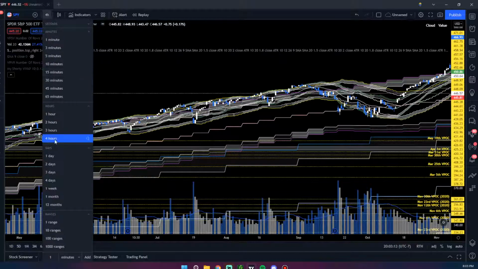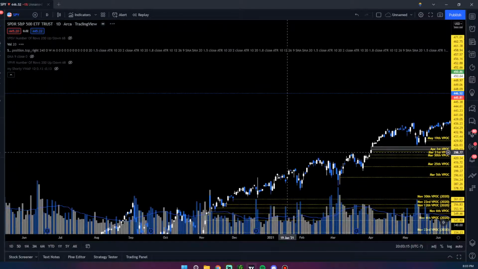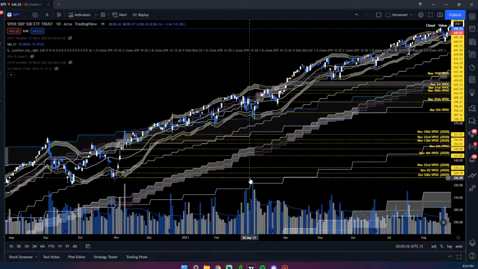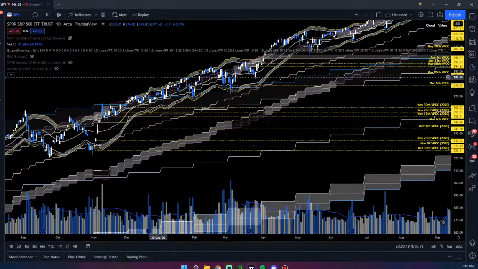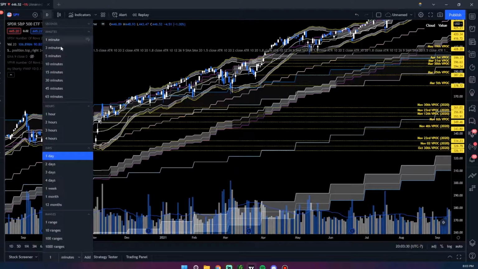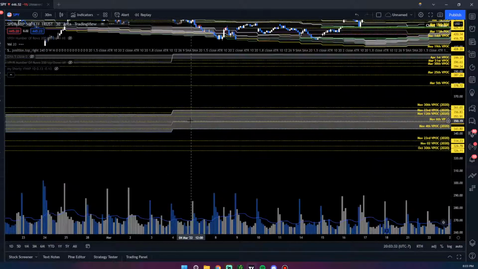But if I go above 4 hours, like to 1 day, now my 4-hour clouds don't show because I'm above the time frame they show up on. If I go above 1 day, my daily clouds wouldn't show. If I go above 1 week, my weekly clouds wouldn't show. So that's the only thing to keep in mind as far as the time frame.